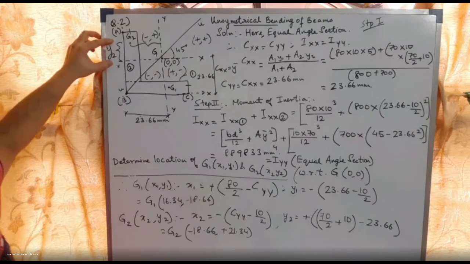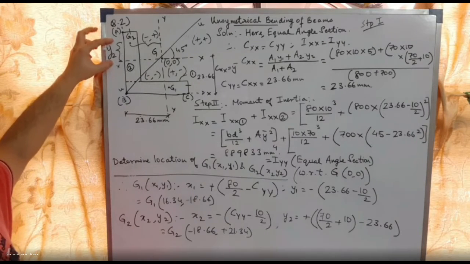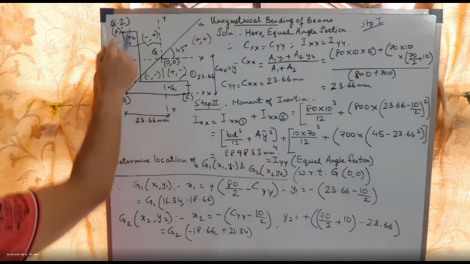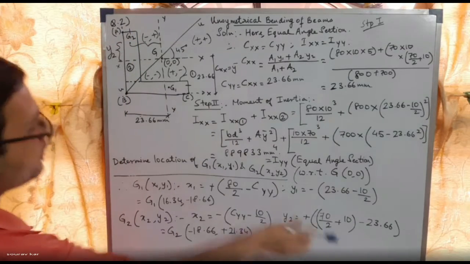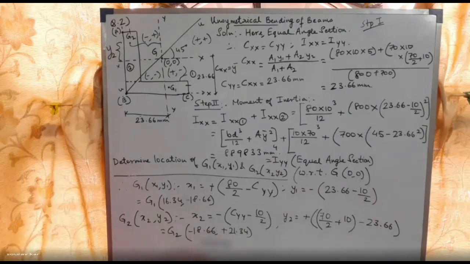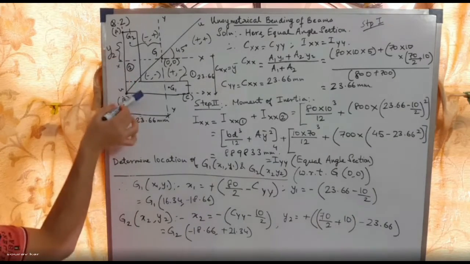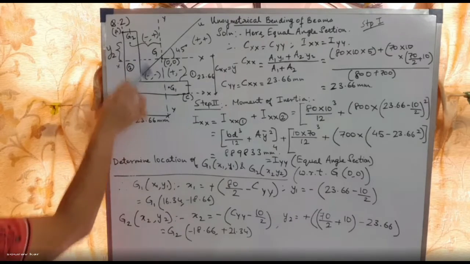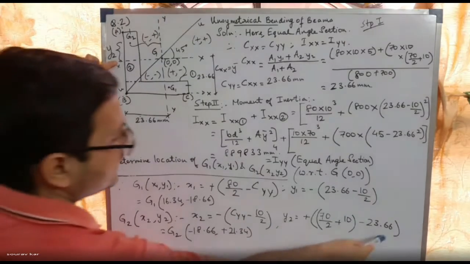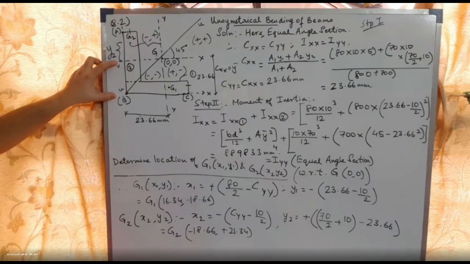You have to understand which distance you have to find out, okay. So this body is 70, so 70 is half is 35 plus this distance which I have avoided, this 10, because I am calculating from the base. Why I am calculating from the base, because this distance I know, this distance that is 23.66 is from the base, okay.